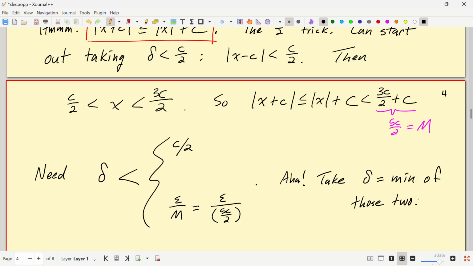Okay, so I'm just trying to illustrate that you can put in a whole lot of work trying to figure out the best possible delta, or you can be lazy and sloppy and just find a delta that works. That's the preferred strategy. And you'll find the book is often doing exactly that. Just finding one that works.